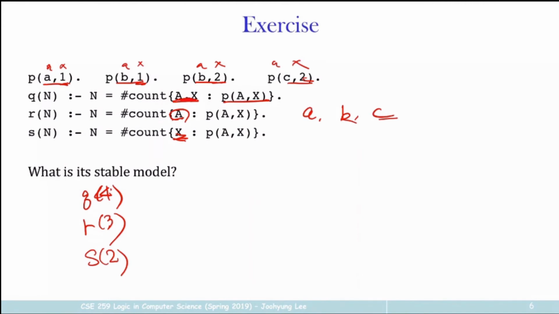But in the next one, R, we are counting only how many first elements there are, which is 3, because A, B, C are 3 distinct elements. And for S, we are counting 2 because 1 and 2 are there. Okay?